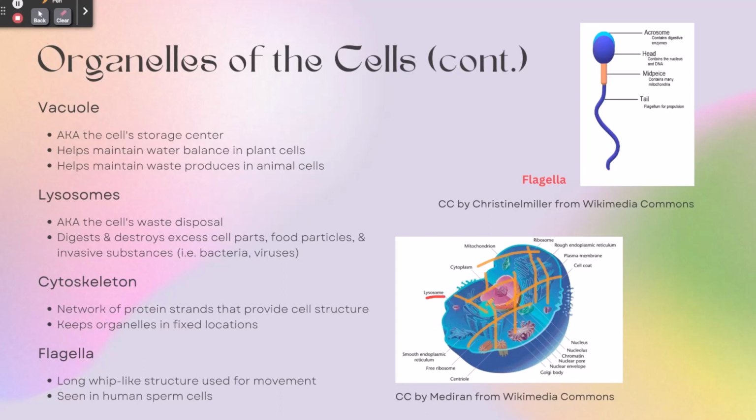It's kind of like a spider web almost here. And this cytoskeleton helps keep organelles in fixed locations, so it prevents them from moving around too much. Lastly, the flagella, which is the image on the top right, is a long whip-like structure used for movement, and we see this in human sperm cells.